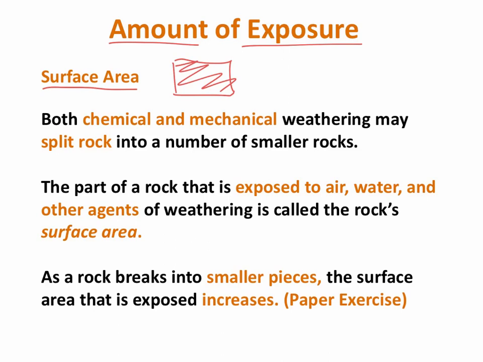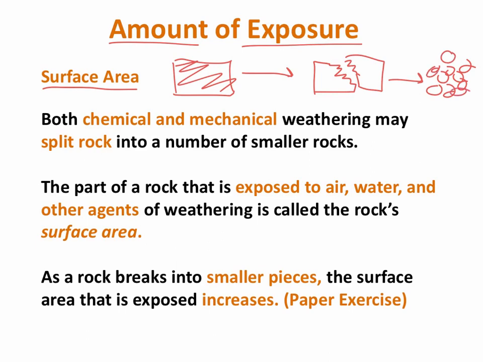Both chemical and mechanical weathering may split rock into a number of smaller rocks. A rock is not going to stay the same shape over time, right? Over time, it might fracture into two pieces like that. It may get weathered down into smaller sediments from a river carrying it, but a rock is going to change.